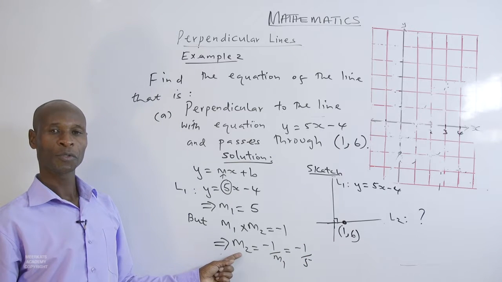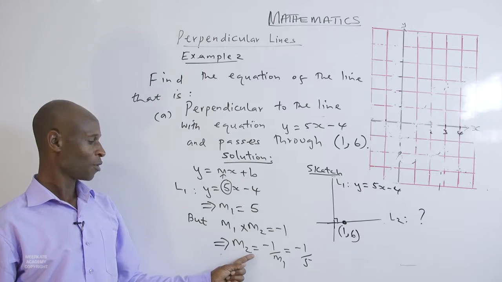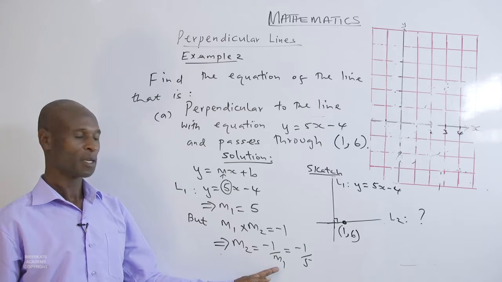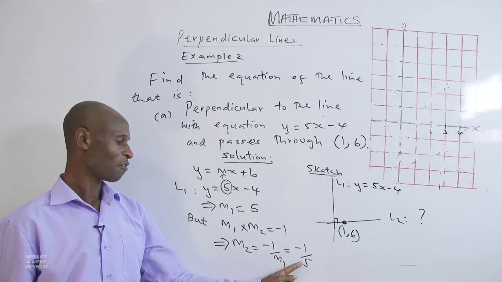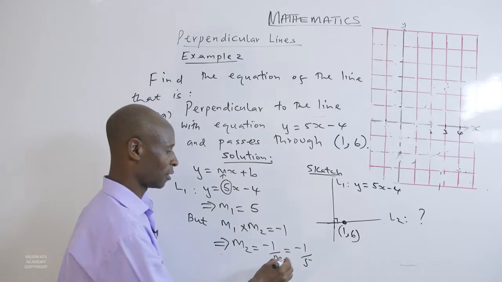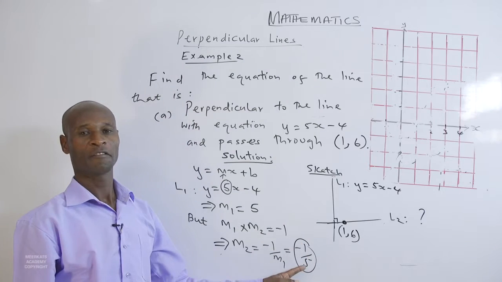So m2, that is the gradient for line 2, will be -1 over m1, which is equivalent to -1 over 5, and that is the gradient for m2.